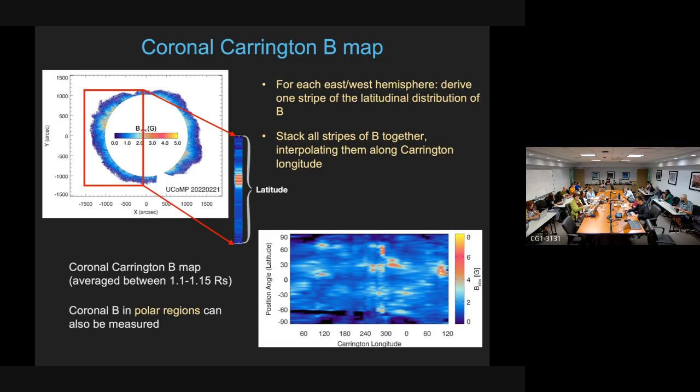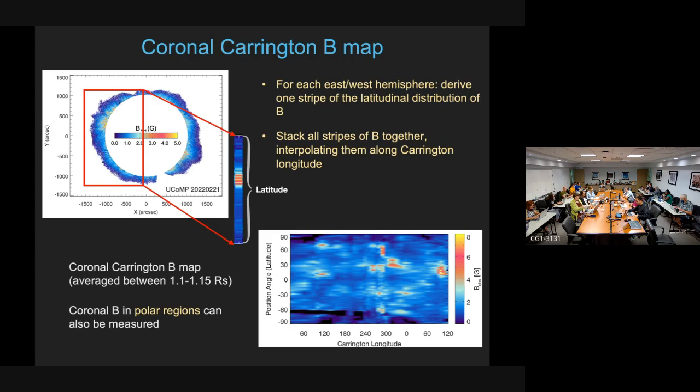It's the latitudinal distribution of the magnetic field, and we stack all of these strips of the magnetic field together, and we can get a coronal magnetic field synoptic map, like the one in the lower right corner. And this is the coronal B map averaged between 1.1 and 1.15 solar radii.